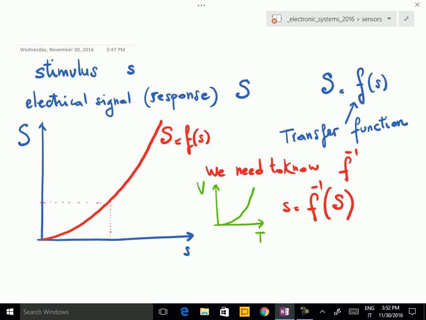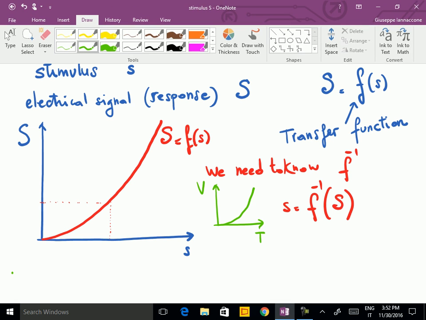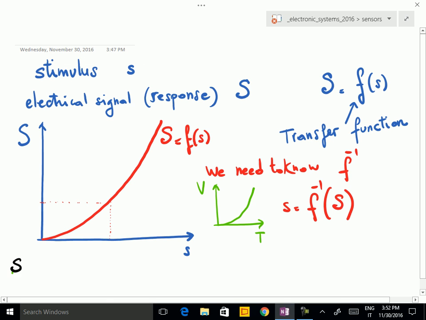Okay. This analytical expression is also useful in order to define the sensitivity of the sensor. This is a typical quantity which is indicated in every sensor data sheet. The sensitivity, which is defined as the derivative of the response to the stimulus.